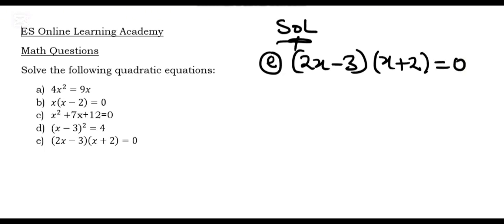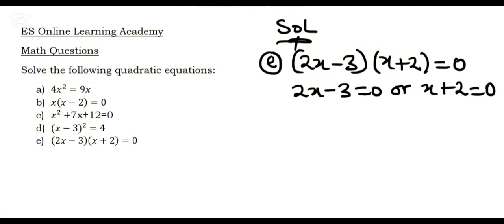So for this one, to solve for x, since 2x minus 3 and x plus 2 is multiplying there, we simply equate each of these two to 0. So it's going to be 2x minus 3 equal to 0, or x plus 2 equal to 0.